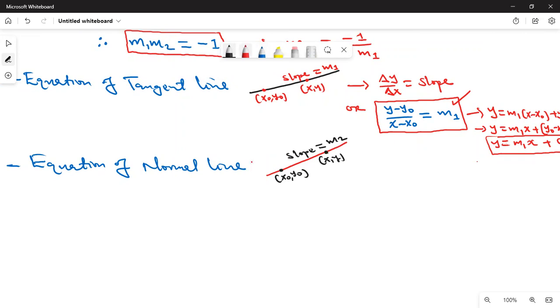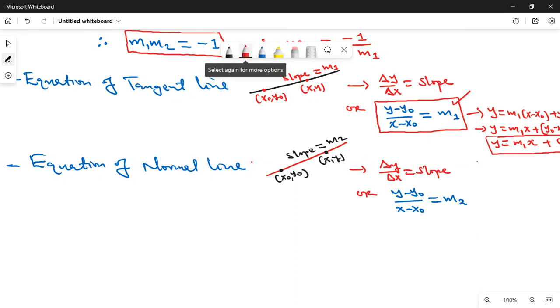So it is now easy to find the equation. So from here, we again know that change in y over change in x should be equal to the slope. Change in y is the same as, let me write, y minus y naught over x minus x naught is supposed to be equal to m2, because that's the new slope of the normal line.